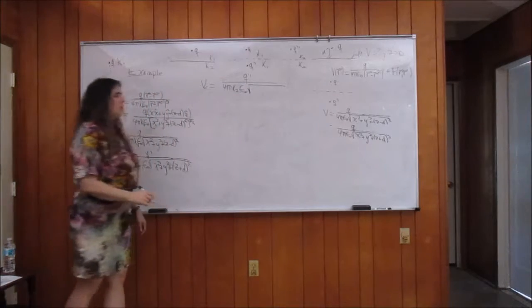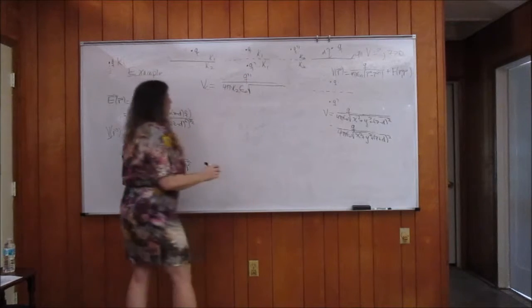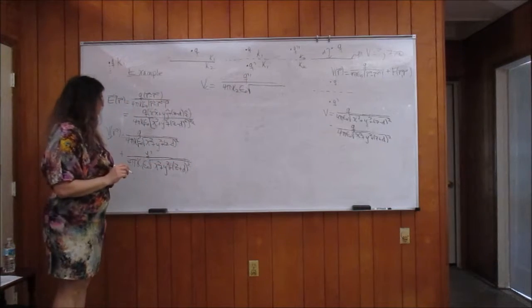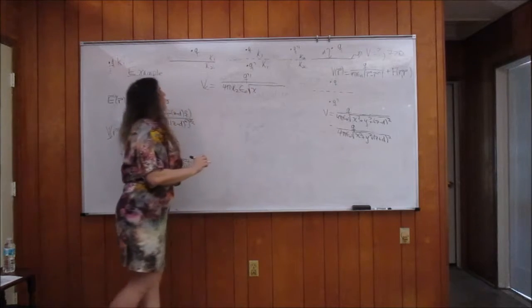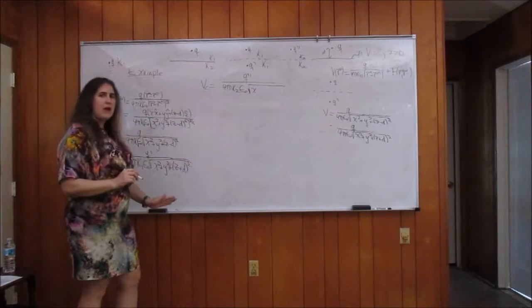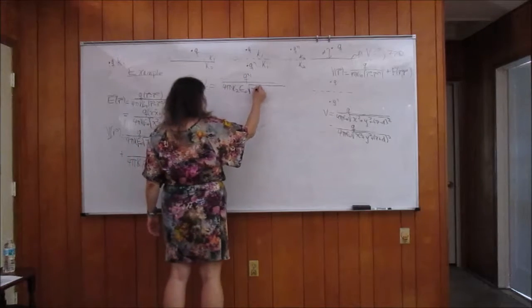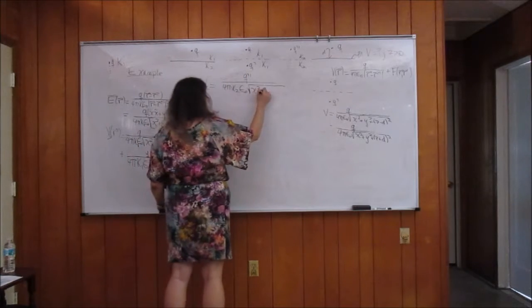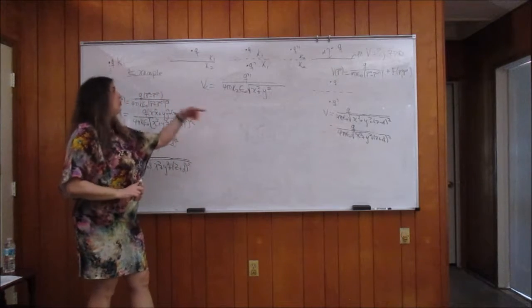And the question is, where do we put our image charge Q double prime? Well, I'm going to assert once again that it should lie on the same axis as Q and Q prime, so therefore the radical is going to be x squared plus y squared.